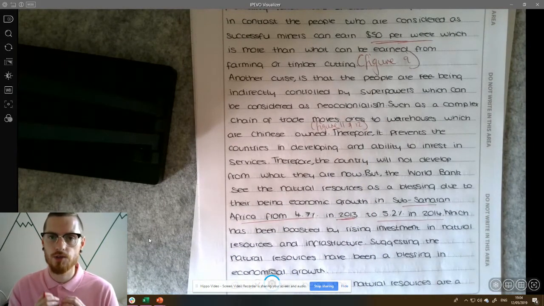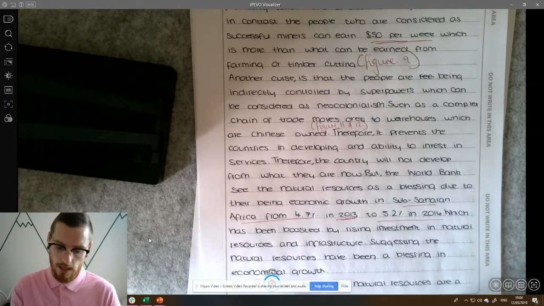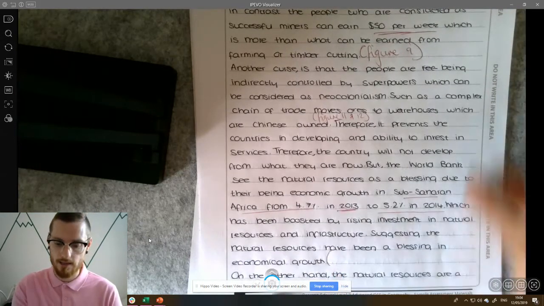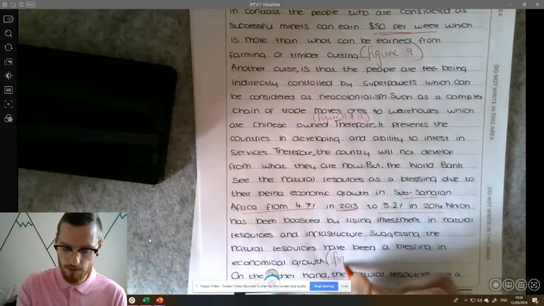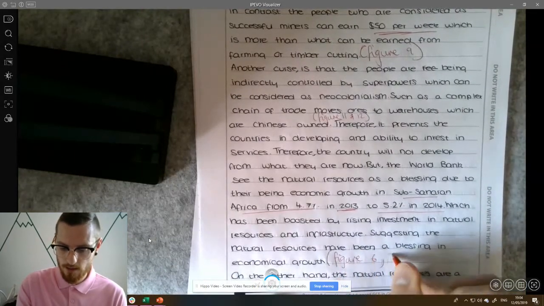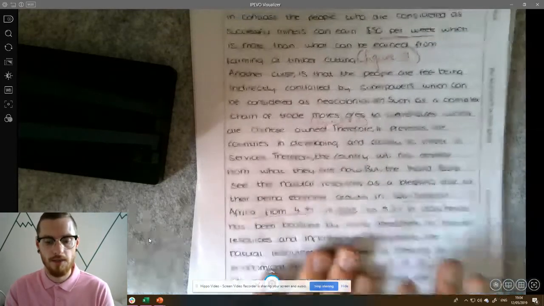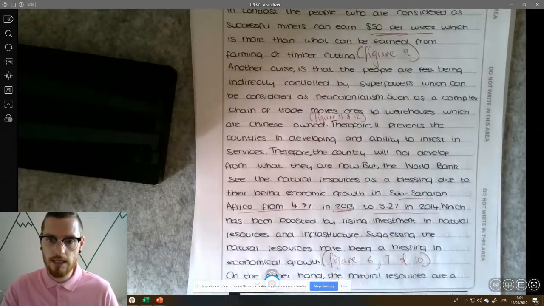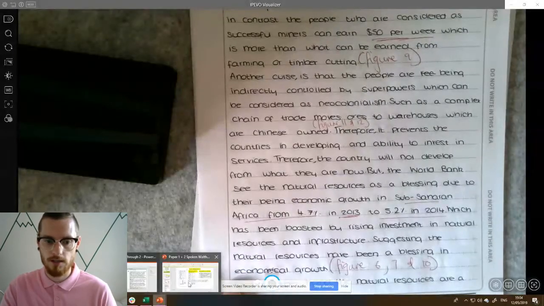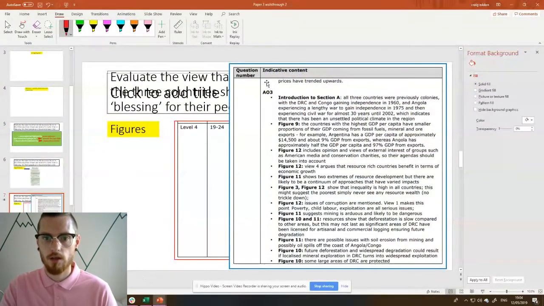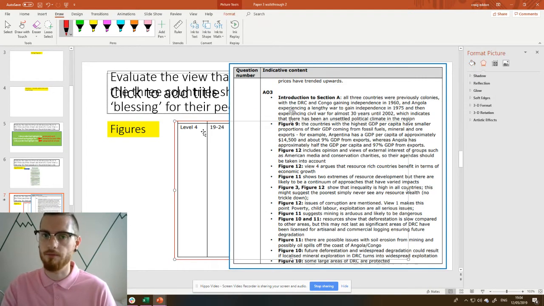If you suddenly realize you didn't refer to figures in questions 4, 5 or 6, you could go at the end and quickly do this, even if it means going to the end of a developed point and just putting in the figures that you used for that entire developed point. This makes it much easier for us markers and the examiner to pinpoint where you've used AO3 to help you access that level 4.